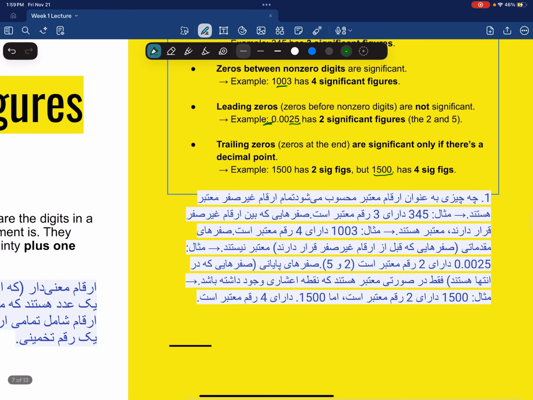And then lastly, trailing zeros at the end are significant only if there's a decimal. So if you have something like 1500, because there's no decimal, these two zeros are not going to be significant, and it's only going to be two sig figs. But if you do have a decimal, all of them are going to be significant, including the two zeros.